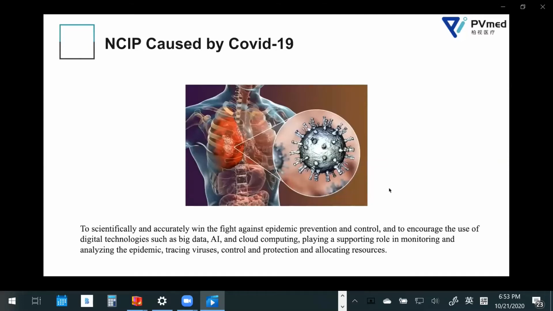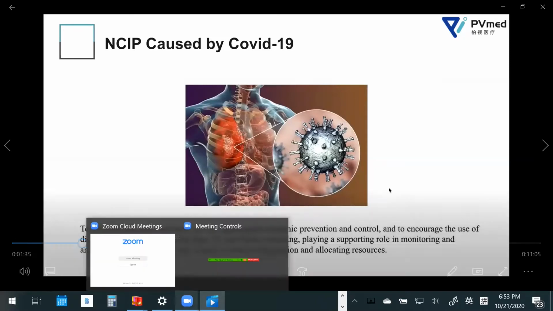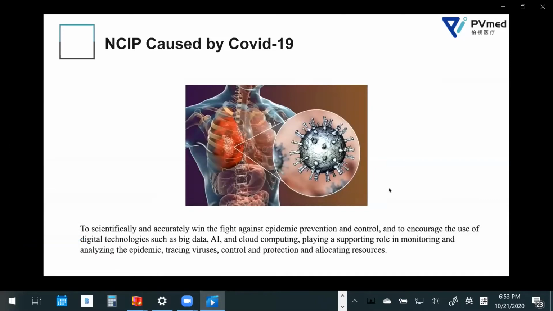The fifth edition of the Diagnosis and Treatment Plan, announced by the National Health Commission, stated that the clinical diagnosis results of CT imaging can also be used as a criterion for judging the disease of NCIP.